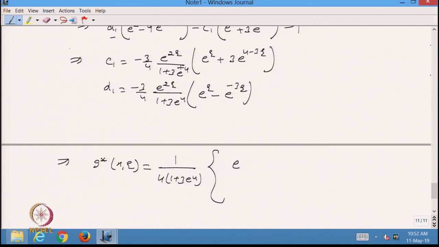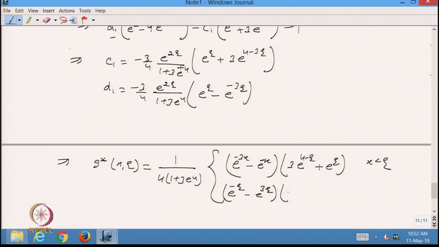So, it will be e to the minus 3x, e to the x, into 3 times e to the 4 minus xi plus e to the xi when x is less than xi, and this is equal to e raised to power minus xi minus e raised to power 3 xi, times 3 e to the 4 minus 3x plus e to the x when x is greater than xi.